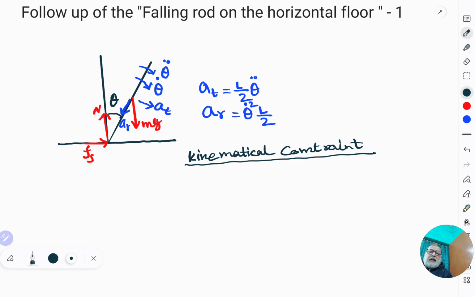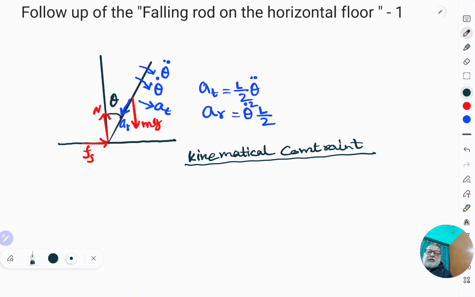The center of mass has twofold acceleration here, AT and AR. Each of these accelerations has a horizontal component. So it is kinematically constrained to have a horizontal acceleration, and any horizontal acceleration needs a horizontal external force to provide it.